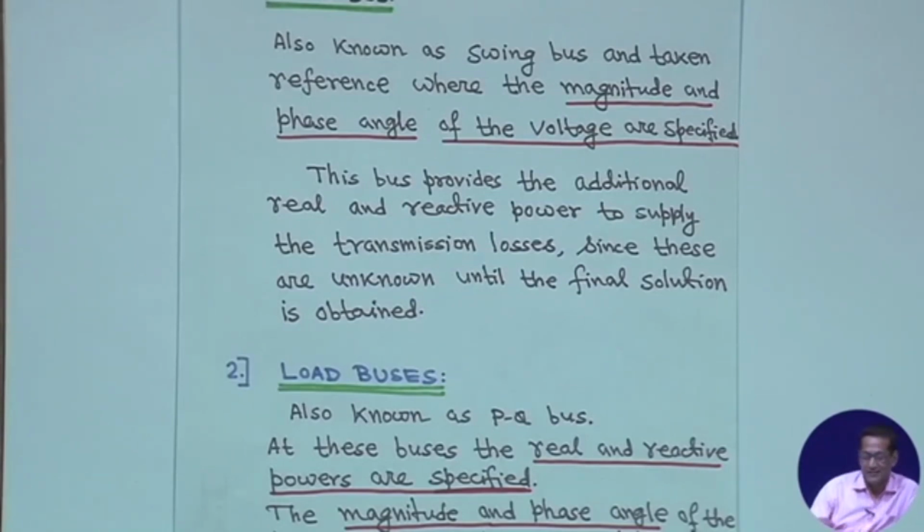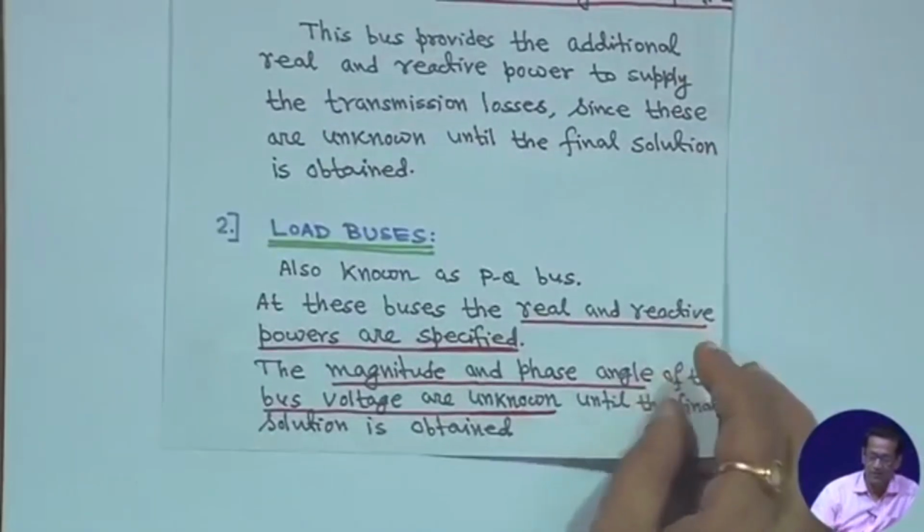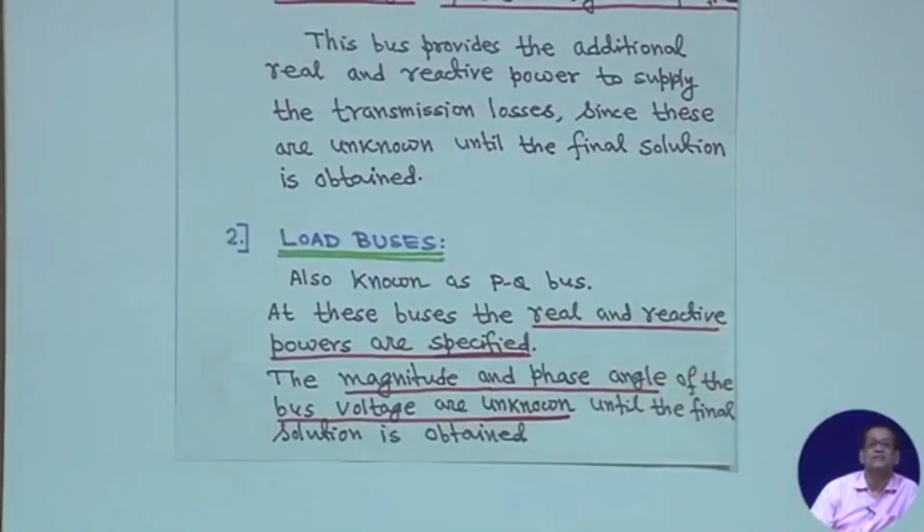These real and reactive powers are unknown until the final solution is obtained, because unless and until your load flow solution has converged, you cannot do anything, you cannot compute the loss also. Now, another thing is the load bus. Sometimes we call this a PQ bus. That means at the load bus, P and Q both are specified, right.